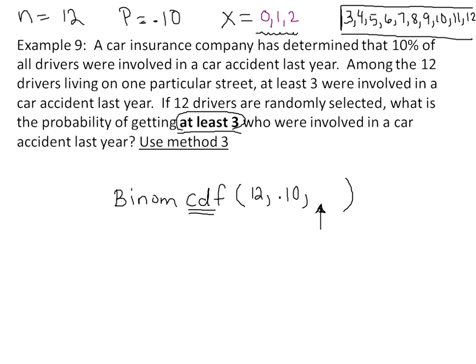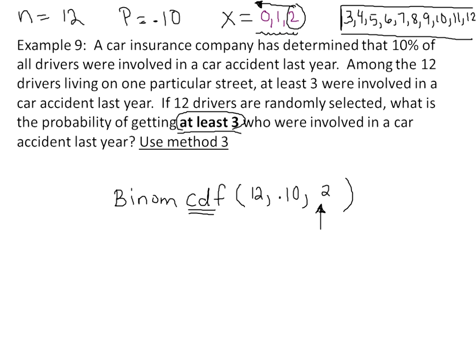So to find the probability of what we don't want, what do I enter in place of x? Okay, yes, 2. All right, so when you enter 2, it's going to calculate 2 and everything to the left. And those are the probabilities we do not want. And that's how the CDF works. Whatever value of x you enter, it calculates that value and everything to the left.